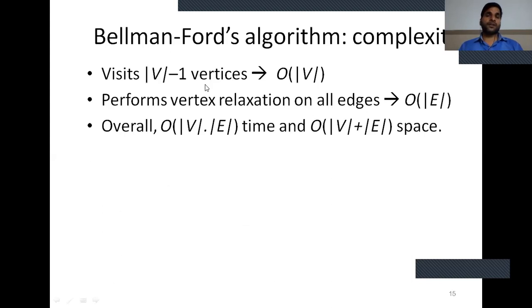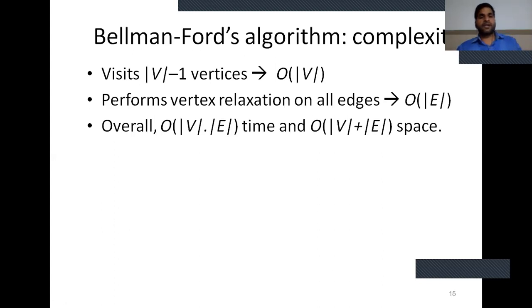So the time complexity of the Bellman-Ford algorithm: the |V| minus 1 passes is order of |V|, and performing relaxation on all edges is order of |E|. So the time complexity is order of |V| times |E|, and |V| plus |E| is the space.